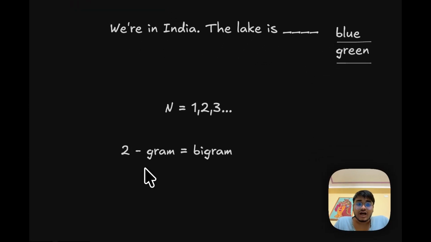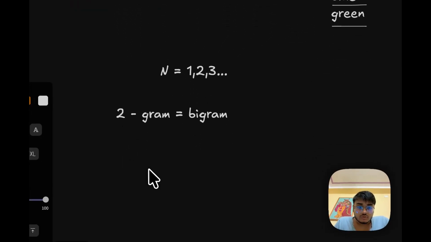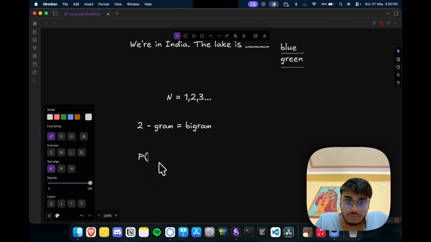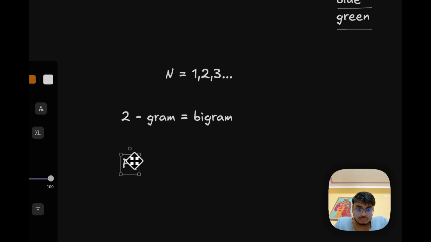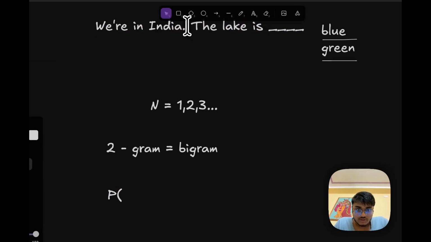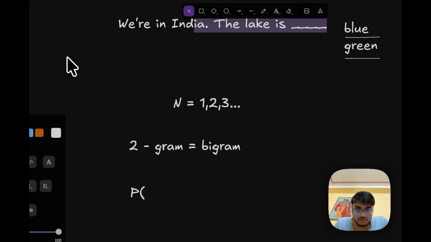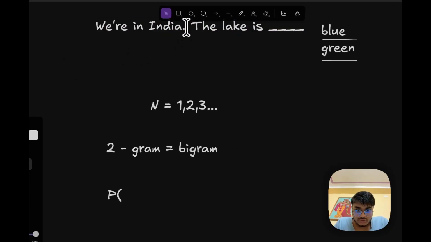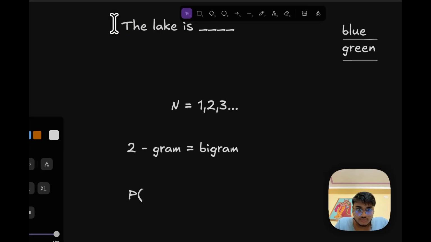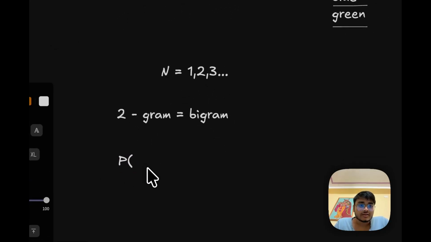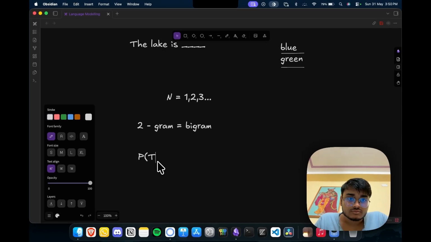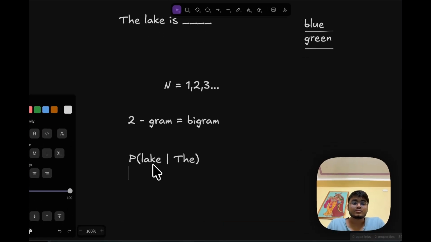The idea of bigram means that we have to find the probability of, let's say I'm taking the lake example. So I have to find the probability of lake after the. This is a bigram.